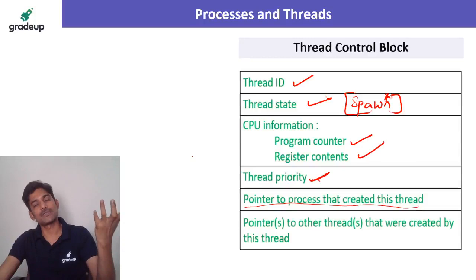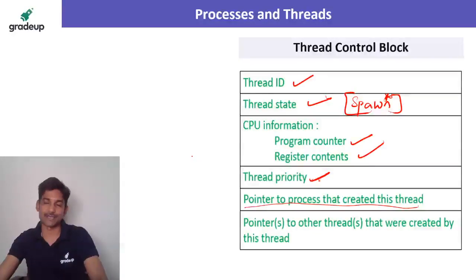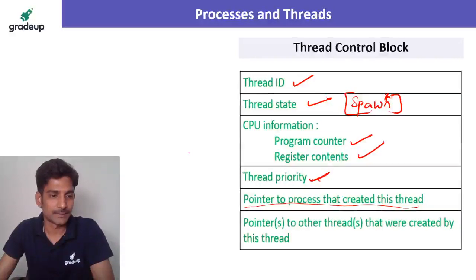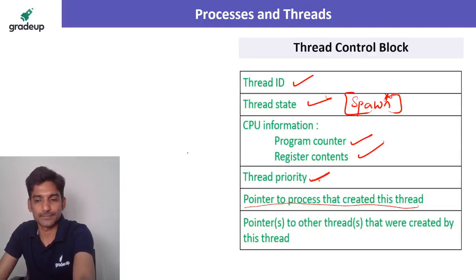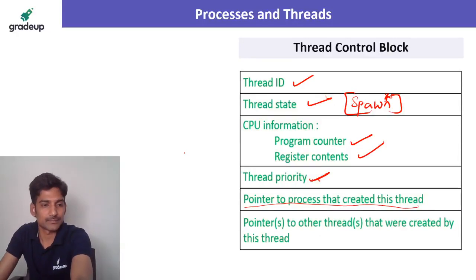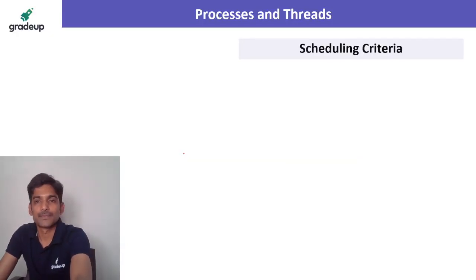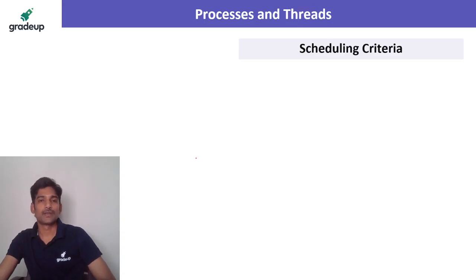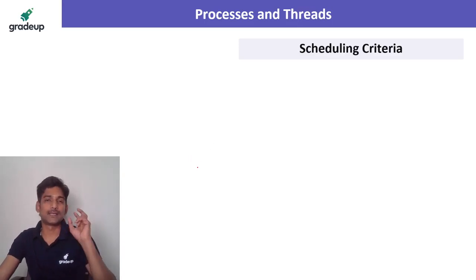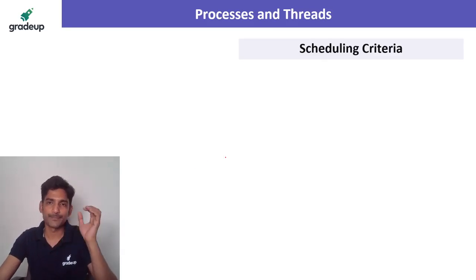One process may have references to different threads, so all those references will be maintained. Right? Now, while discussing questions on these processes and threads, we will discuss more on it.